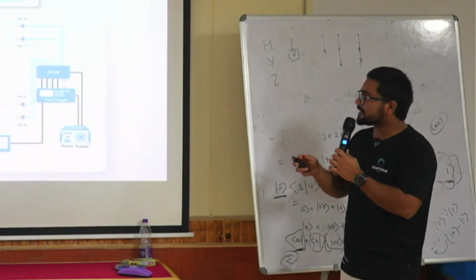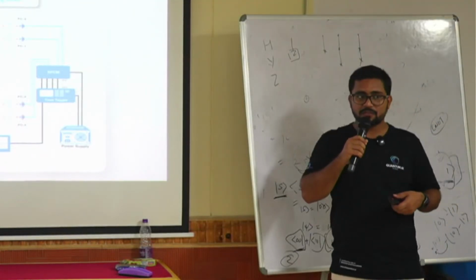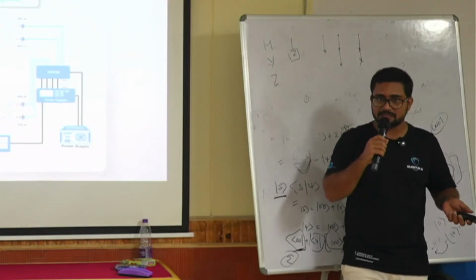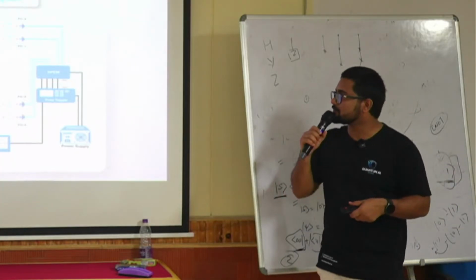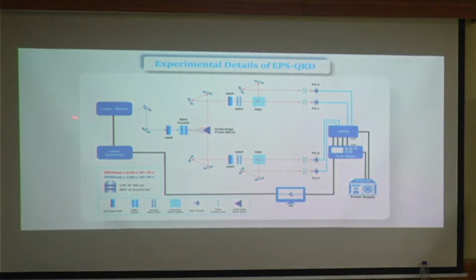So these are our experimental setups, our EPS QKD. You can do QKD. My colleague Riktim might have explained this setup to you. These are the BBO crystal, and this is the laser. It's a 405 nanometer laser. By using a half wave plate, we are pumping the BBO crystal, and we are getting these two photons, signal and idler, at two places.